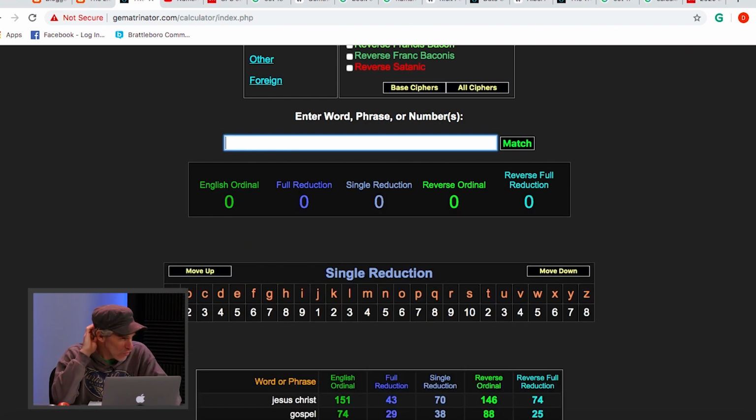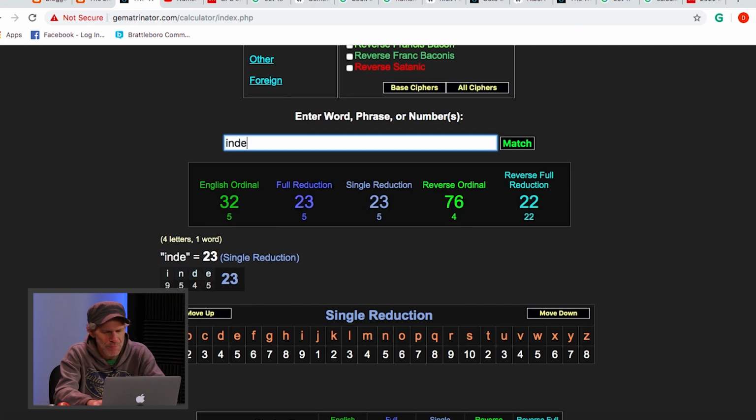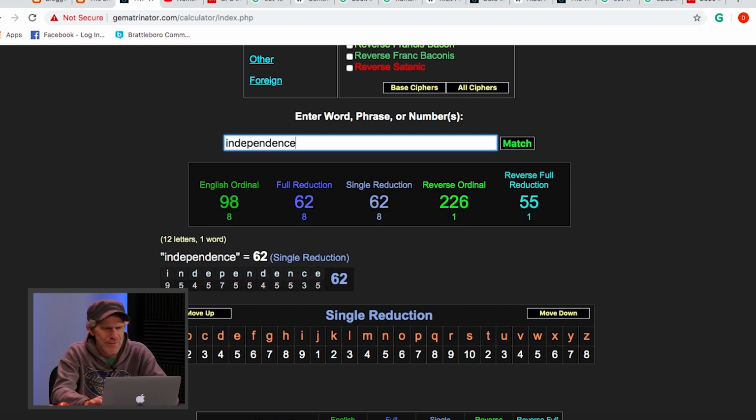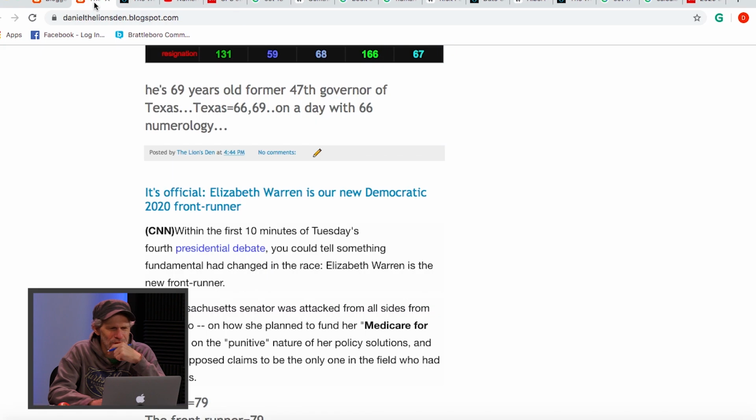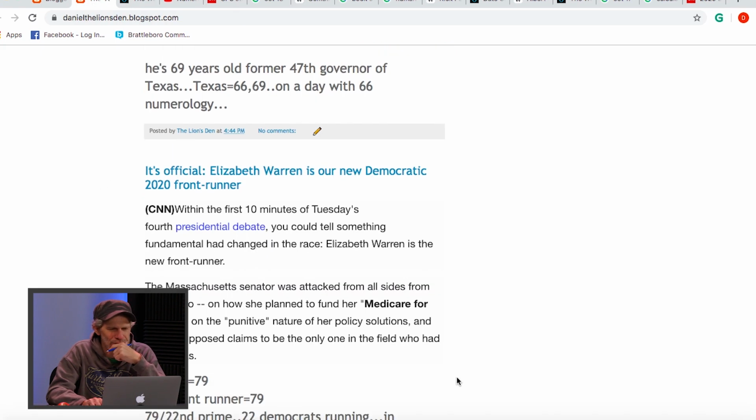And when is this nation's birthday? July 4th, or 7/4. Independence Day is 74. Could that be any more perfect? I don't think it could be any more perfect than that. Independence Day equals 74, and we celebrate it on 7/4. So that's a little bit of the importance of 74. It's a big number in this practice.